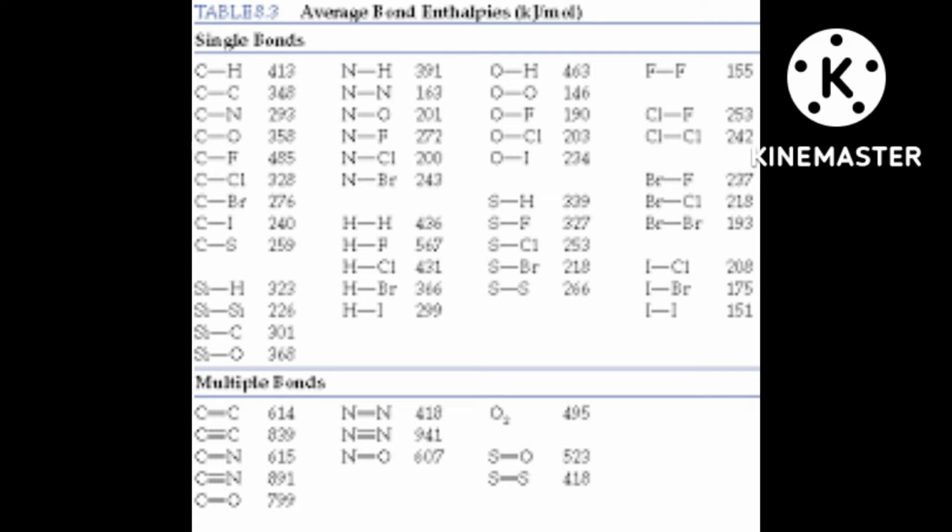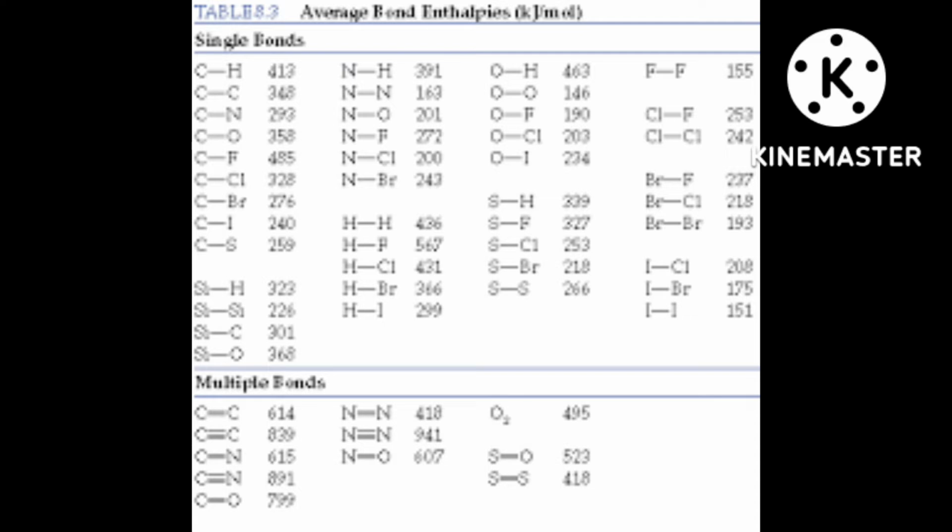Then new bonds will be formed. Here two things you have to understand: breaking of bonds of reactants, and then formation of new bonds in the product. That's why it is called: chemical reactions involve the breaking and making of chemical bonds.